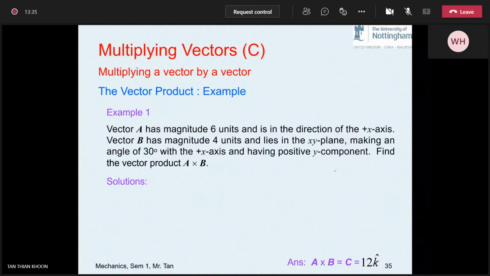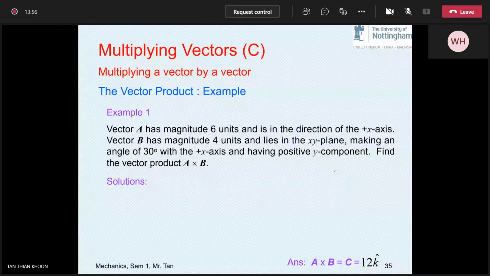Additional information: it has a positive y component. So again, it tells us the direction of vector B. Now they want us to find A cross B.